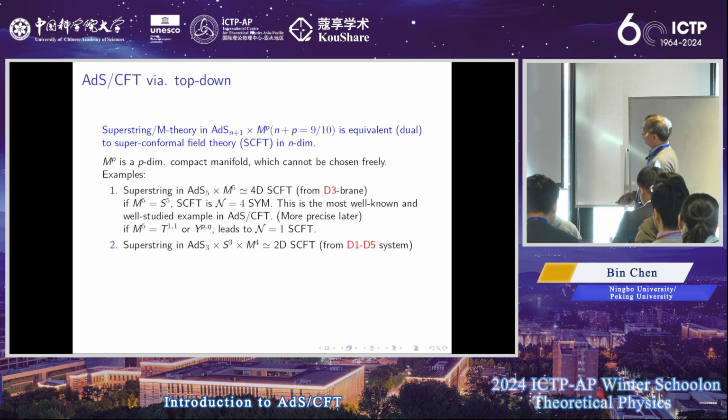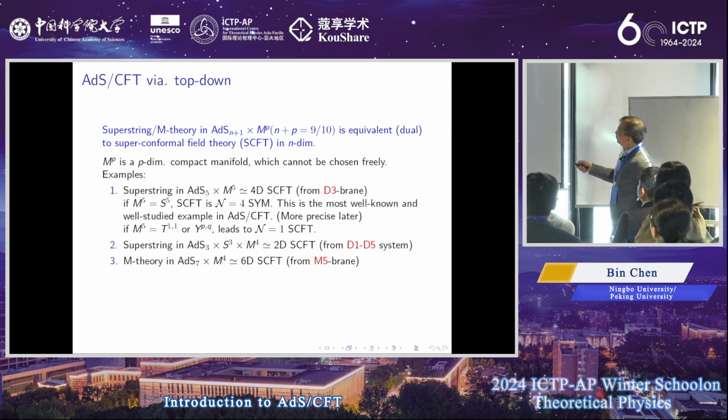If you also take the near-horizon limit of the D1-D5 system, you will find that it leads you to an AdS3 times S3 sector, and you have a 4-dimensional compact manifold. So from this general statement, you will see that the dual CFT is two-dimensional, also a superconformal field theory. It's some coset model. Okay.